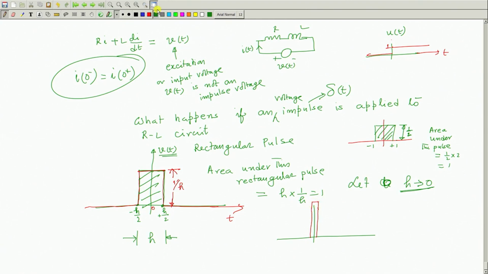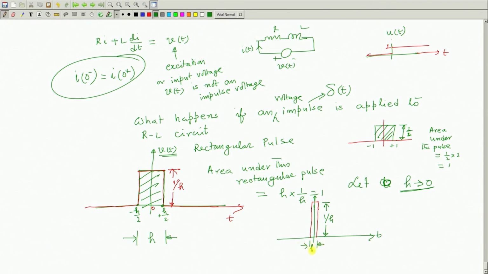This is time. So, as h is reduced, 1 by h grows. The height of the rectangle will blow up and the base will try to collapse.